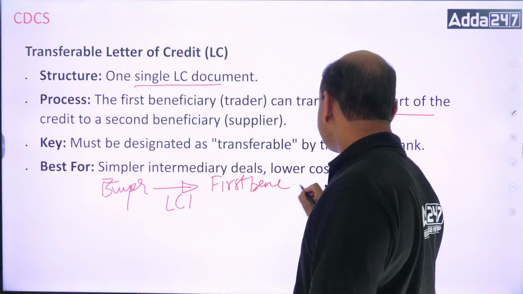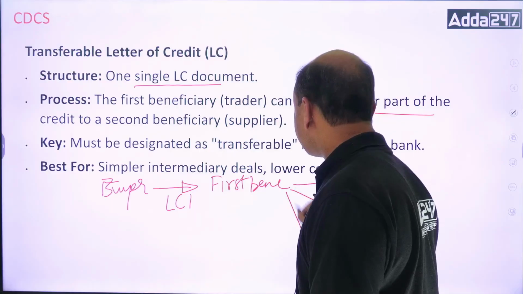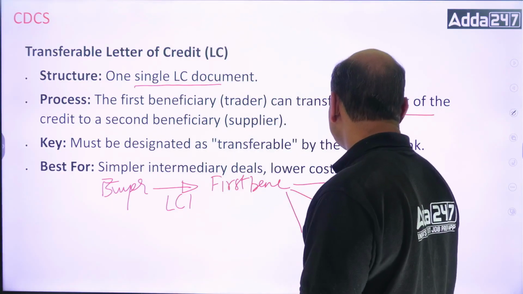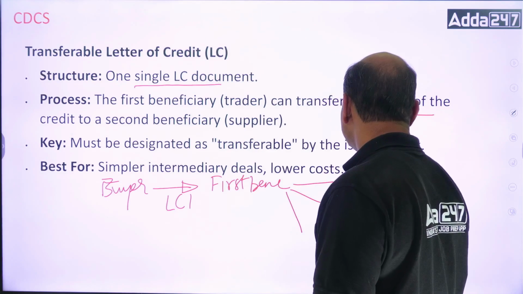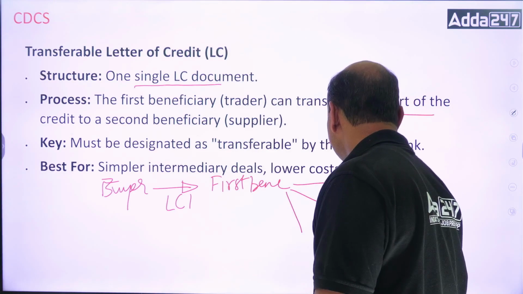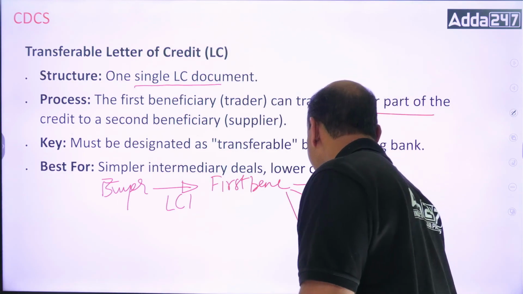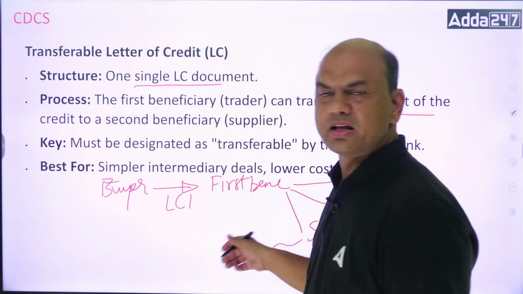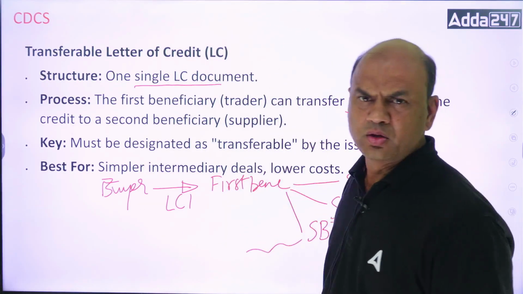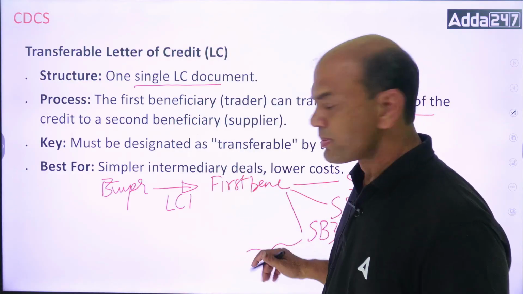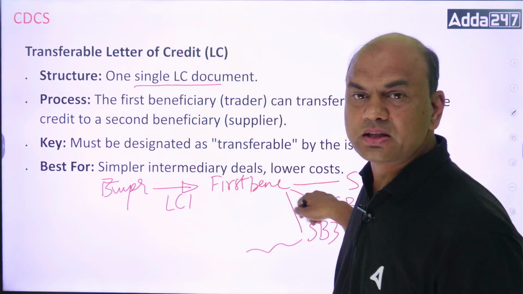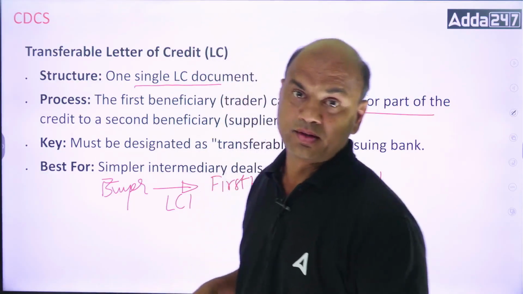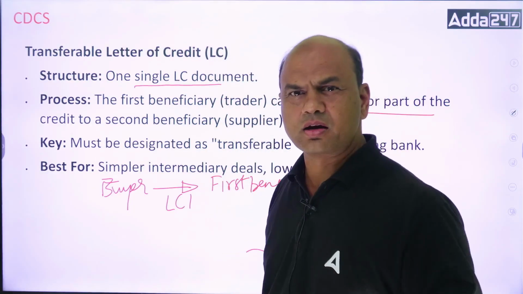So now this first Benny can transfer it to many: second Benny 1, second Benny 2, second Benny 3, anyone, even second Benny 100. Nobody can question him. First level transfer is allowed to any number of parties, even a single one or 100.